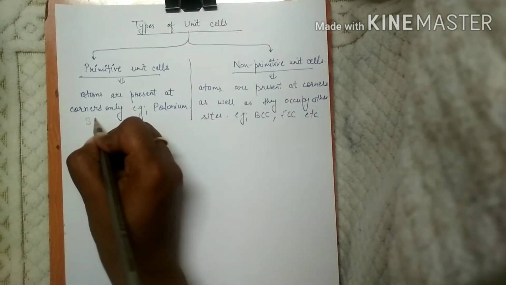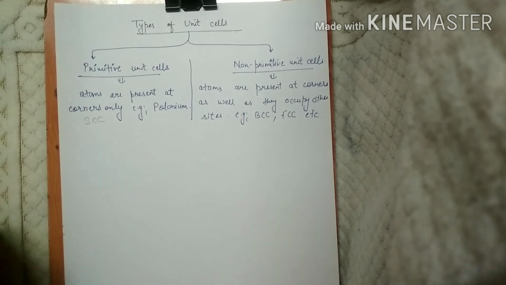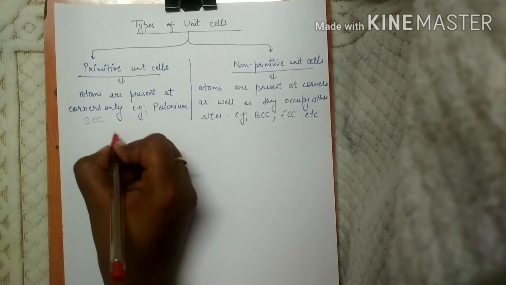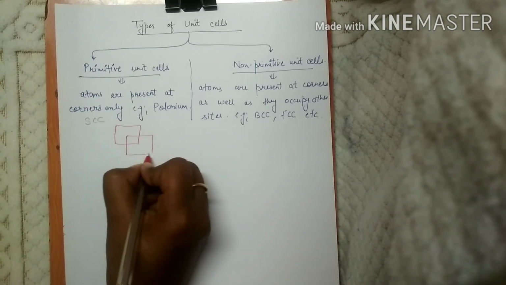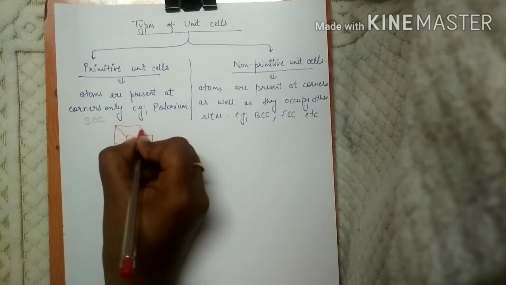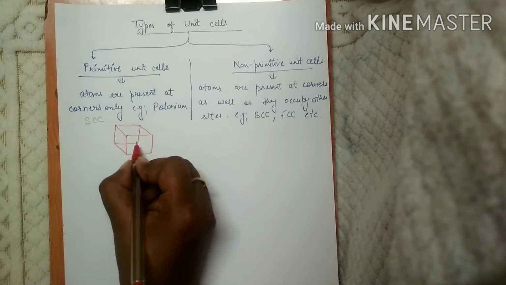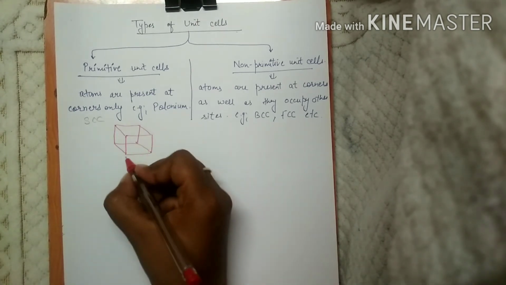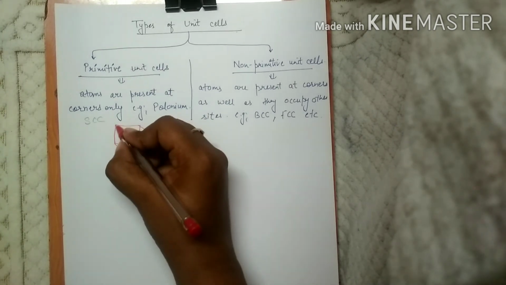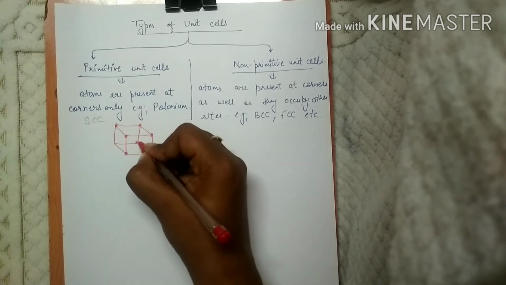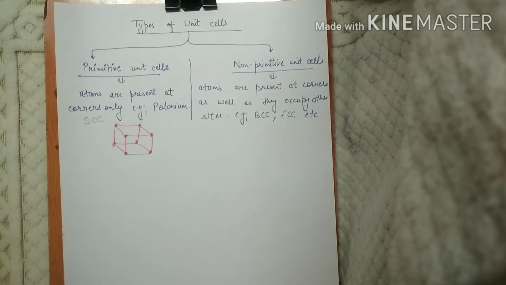Here your simple cubic lattice is present, which is like this. Suppose this is a cubic unit cell, so the atoms will be present at all the 8 corners. Like this.